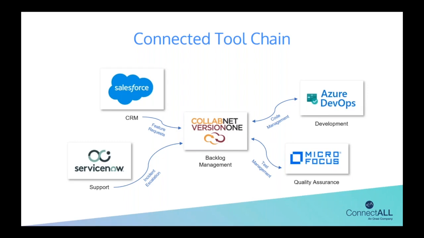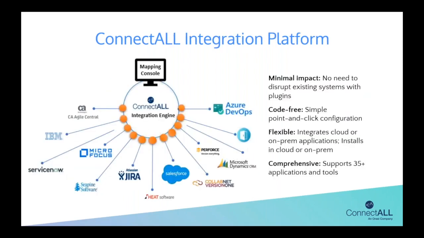So I just used the word integration. Integration means a lot of things to a lot of people. At ConnectALL, what we think integration is, is moving data and putting it in the hands of the people that need it. So the way ConnectALL works, if you look at this chart, ConnectALL Integration Platform, is that ConnectALL becomes your central hub of data movement.